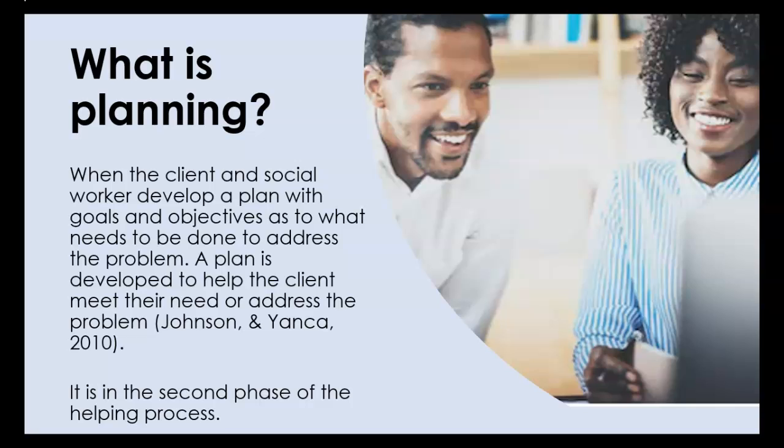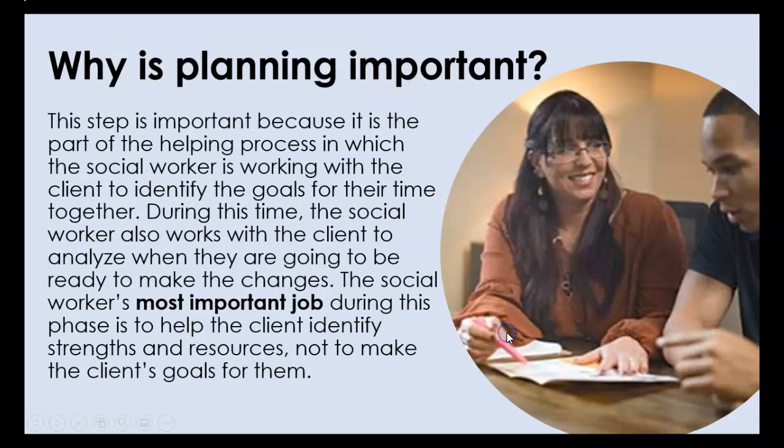It is the work that is done at the beginning of the client social work relationship. It's the part of the process in which goals and objectives are developed, and those goals and objectives are directly aligned with the problem stated by the social worker and the client.